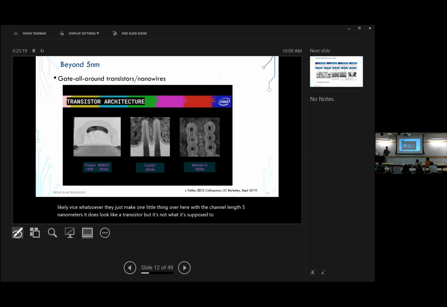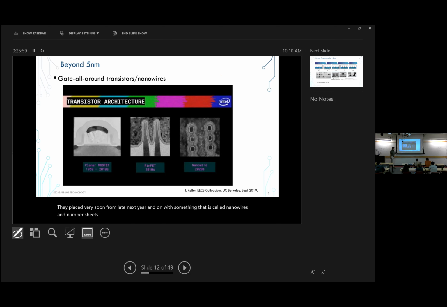What are we going to see instead? We have seen some of these previews a few years ago, and that is now more apparent in the roadmaps. So, planar device, then FinFET, which was shown at the colloquium by Jim Keller about 2.5 years ago, and that is expected to be replaced very soon, from late next year and on, with something called nanowires and nanosheets.